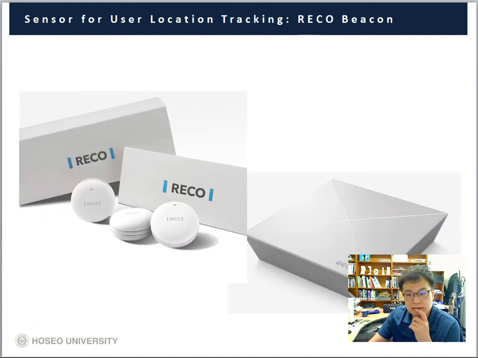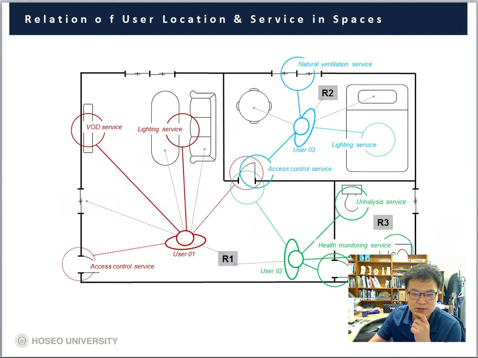But first, we have to acquire the positions, so we are going to use beacons. Not very good, but we use beacons. And then we generate this idea using diagrams.